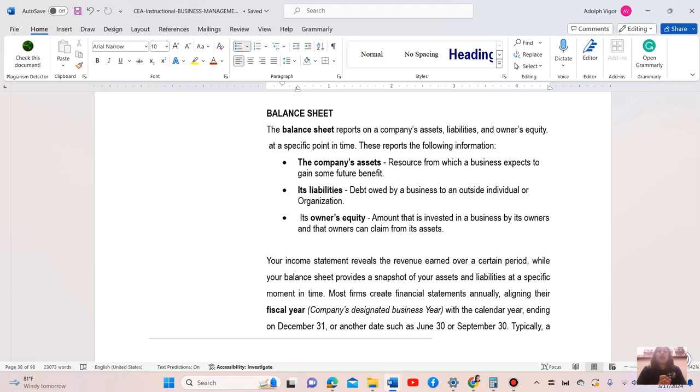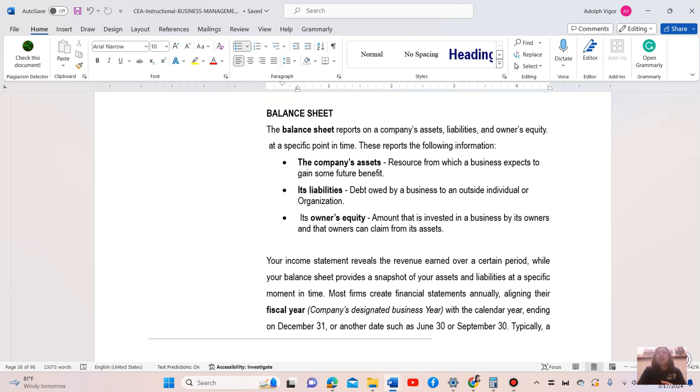So first, what is a balance sheet? A balance sheet reports on a company's assets, liabilities, and owner's equity at a specific point in time. This reports the following information. Number one, the company's assets.